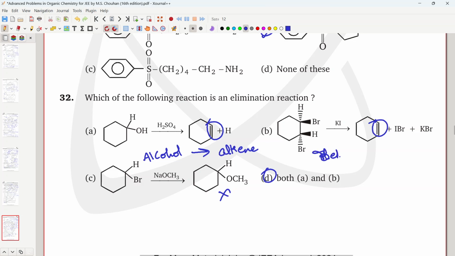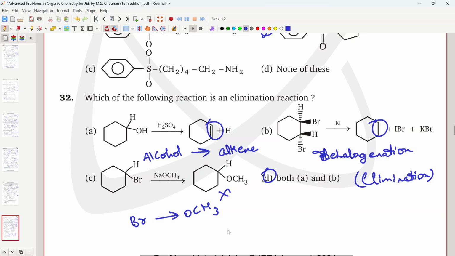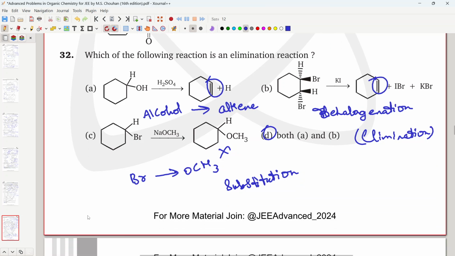This is dehalogenation, which is also elimination. So, cyclohexane, this is not elimination because it's substituted with OCH3. So, option D.